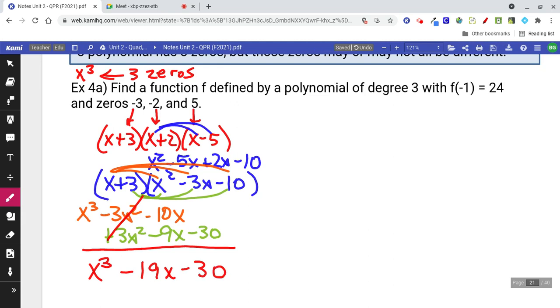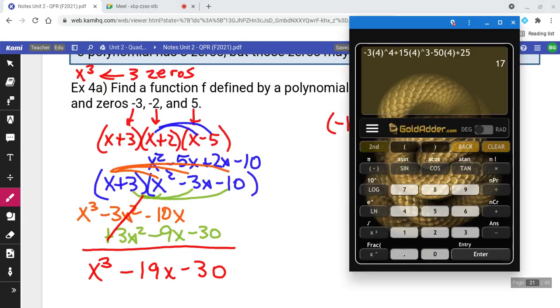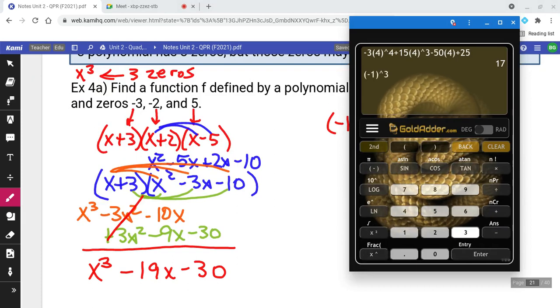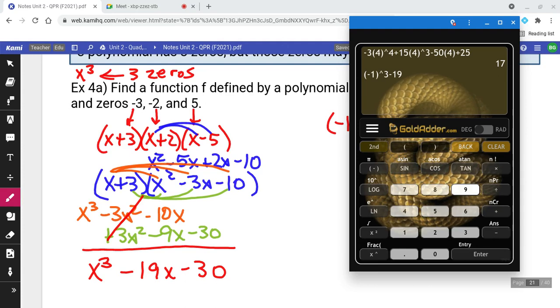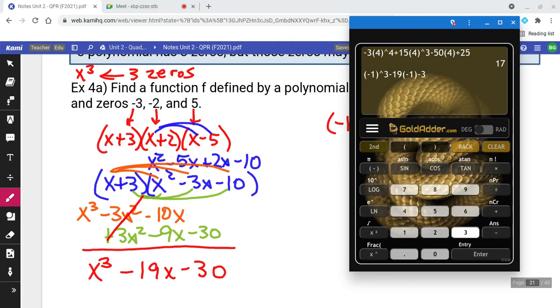And that looks like that's going to be the answer, but the problem with that is we haven't used this piece of information yet. F of negative 1 equals 24. And if you think about it, if I plugged in negative 1 cubed minus 19 times negative 1 minus 30, if I plug that in, I get negative 12.